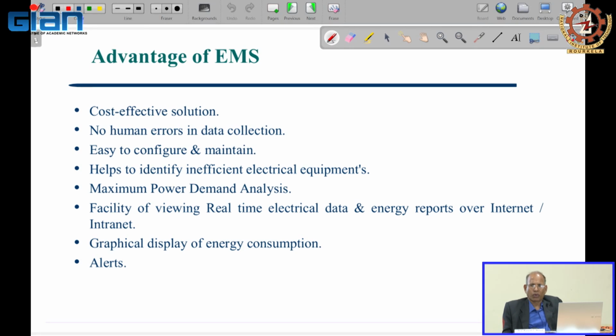It offers several advantages. It offers a cost effective solution.